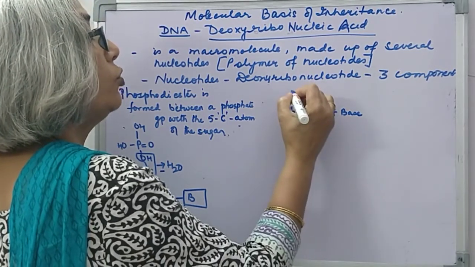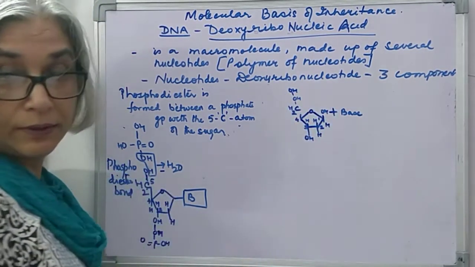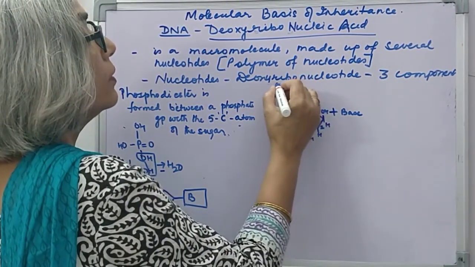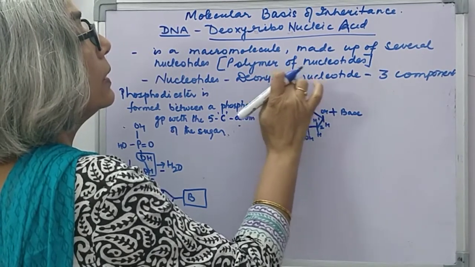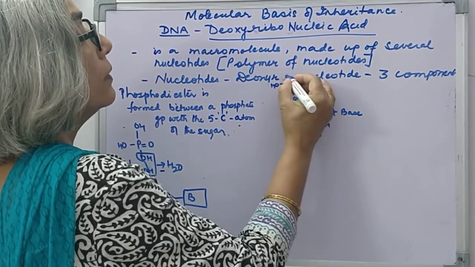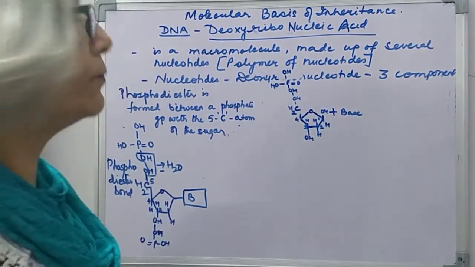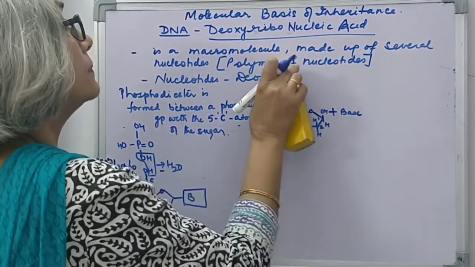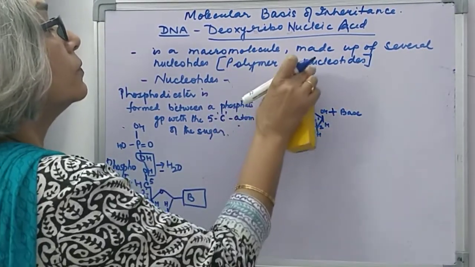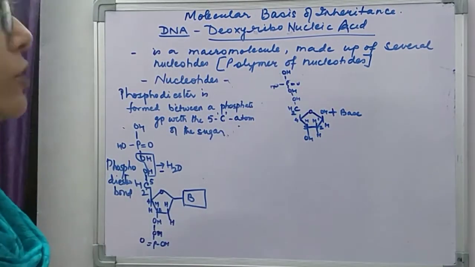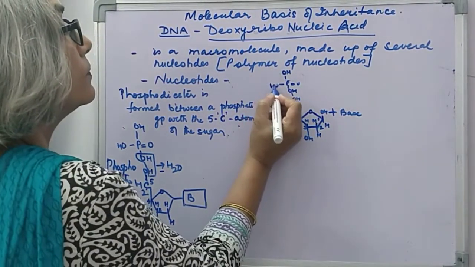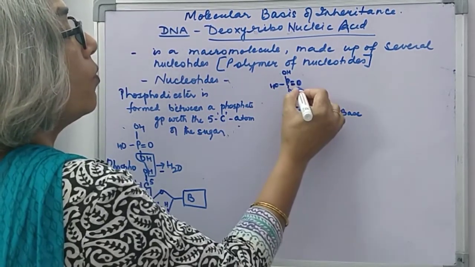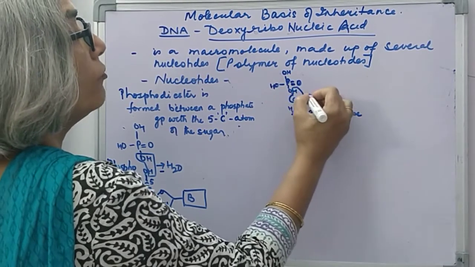Now a phosphate group here. This is a phosphate group. This is one phosphate. This is double bond. Now, a molecule of water is removed.